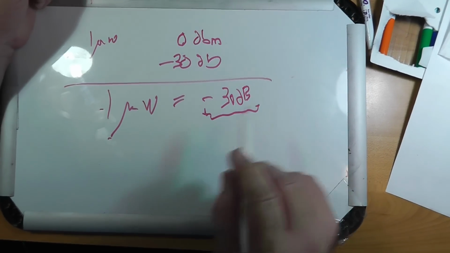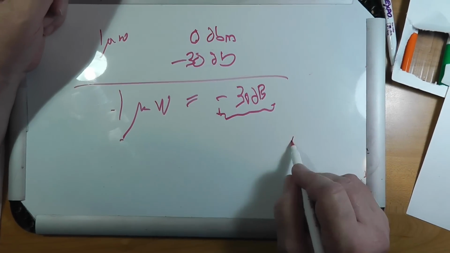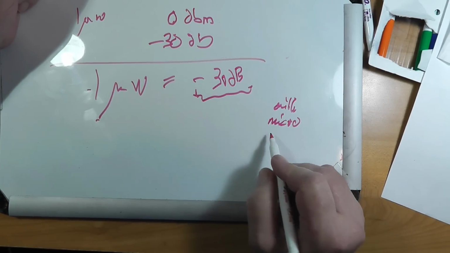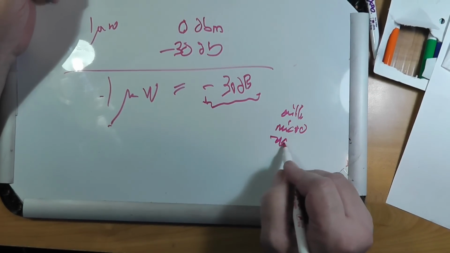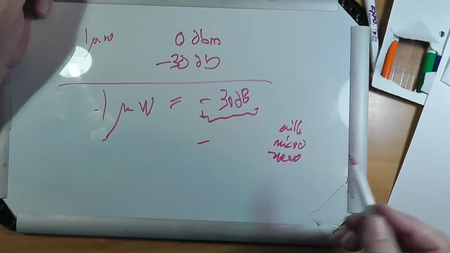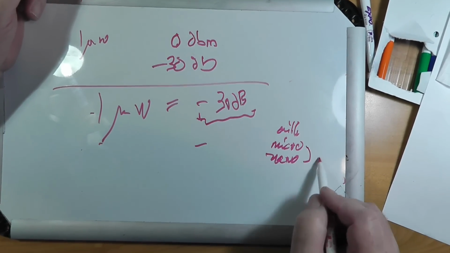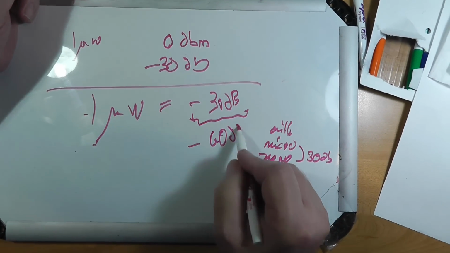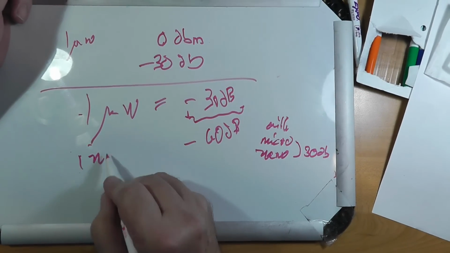The next one below micro is nano, so 1 nanowatt, we subtract 30 more dB, and we come up with minus 60 dBm for 1 nanowatt.